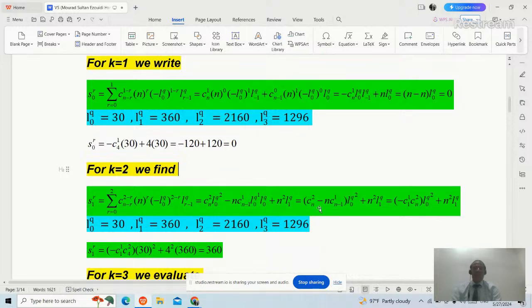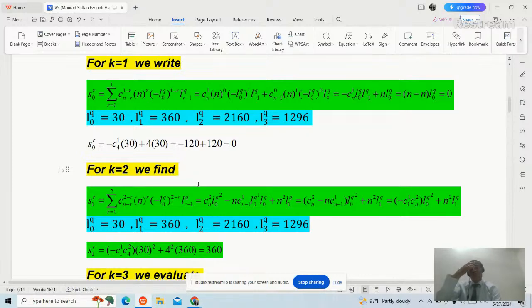So I put this into parentheses, and after simplification, I will obtain negative combination n choose 1, because it's 1, times combination n choose 2 times L0 of the q squared plus n squared times L1 of the q. The coefficient here of L0 of the q squared is negative simply because the index 1 is an odd number, and if it is an even number, you will never see this negative sign in the front, and this comes from the formula of Mr. Mourad Sultan Ezouidi.